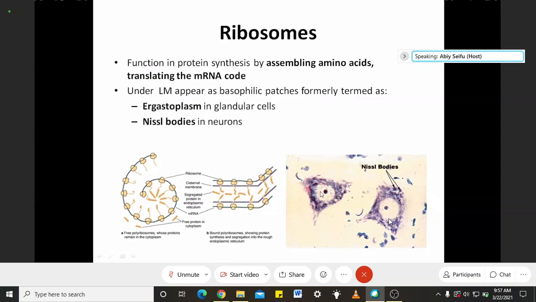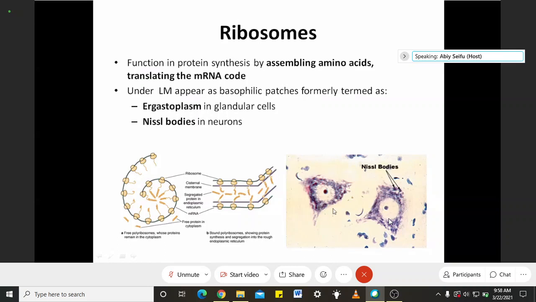The name remained. So in all the texts, you can read that in glandular cells there is plenty of ergastoplasm. In the case of neurons, including recent books, neurons are known to have a large amount of Nissl bodies. These are nothing but rough endoplasmic reticulum.